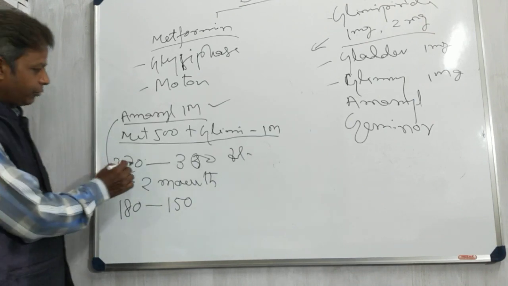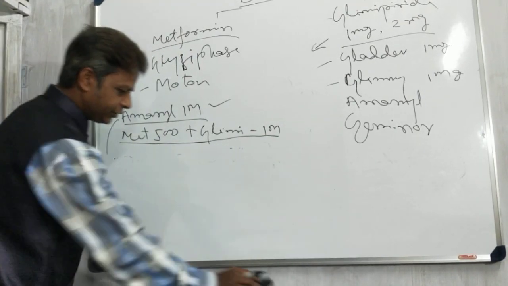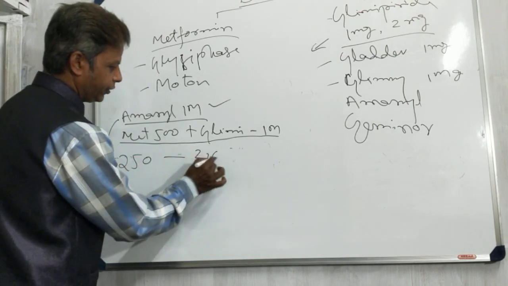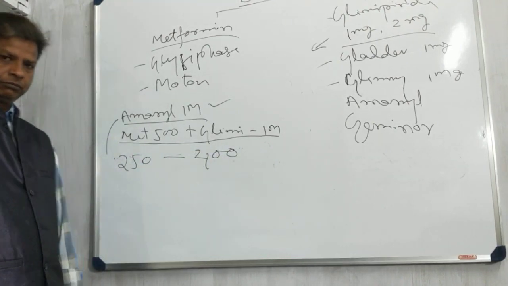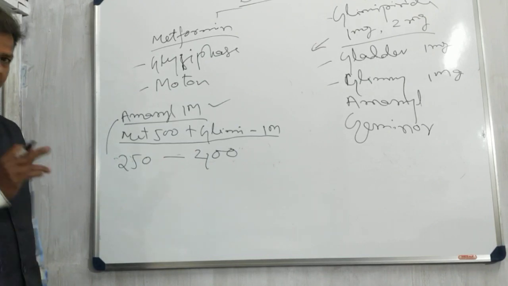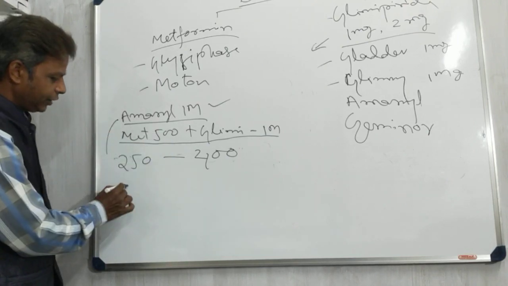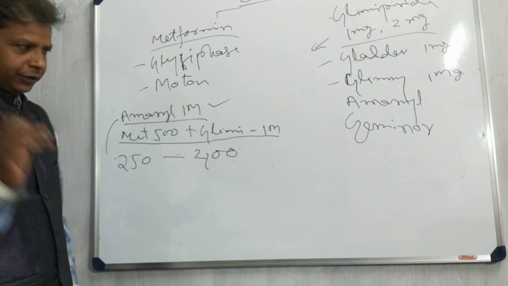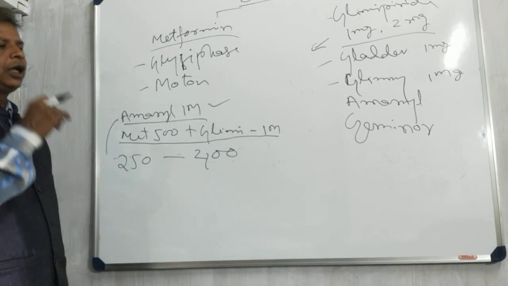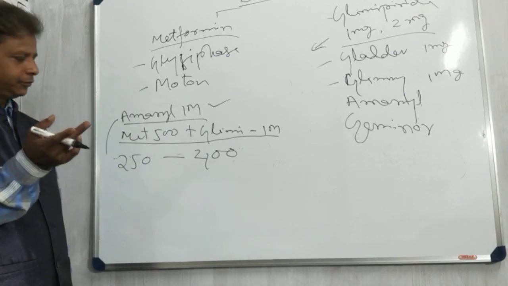If your blood sugar is above 250 to 400, very high, don't worry. Take these medicines 2 times per day: on an empty stomach in the morning, and on an empty stomach before dinner.